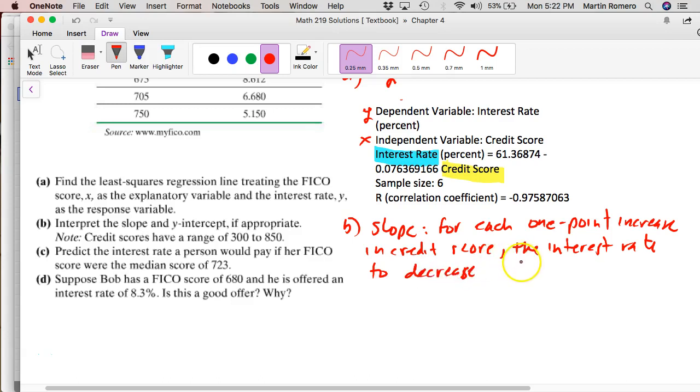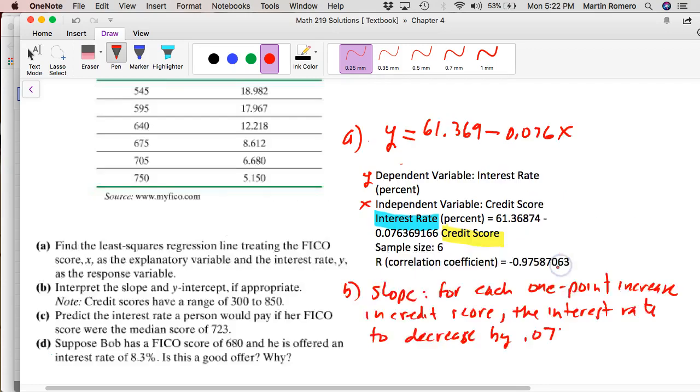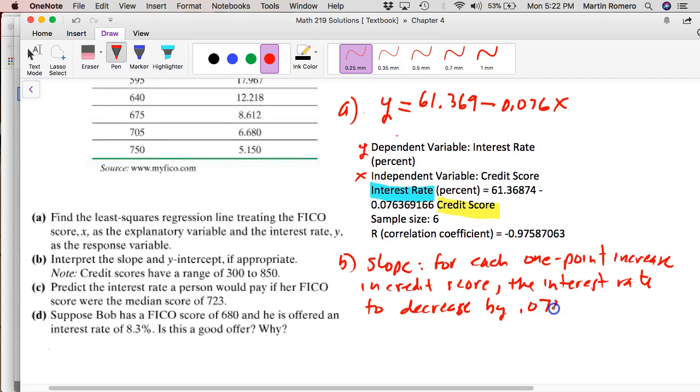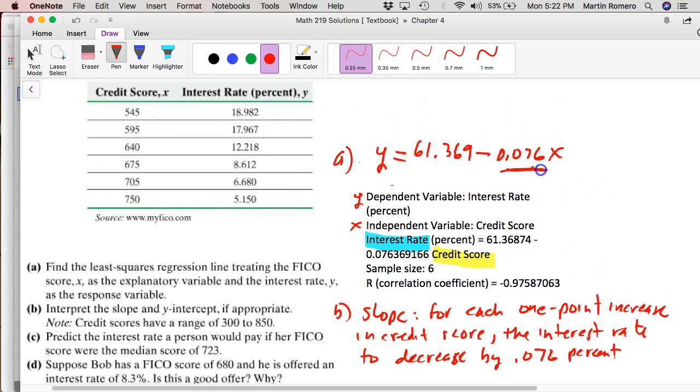How much is it going to decrease? It's going to decrease by 0.076%. And I got those numbers from right there.